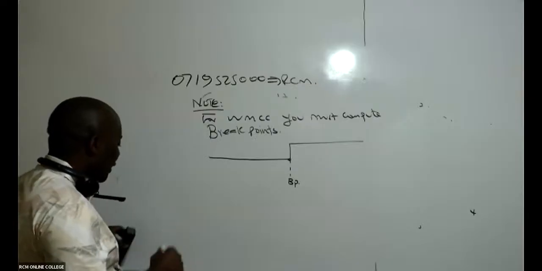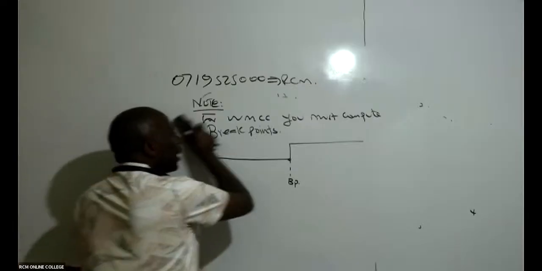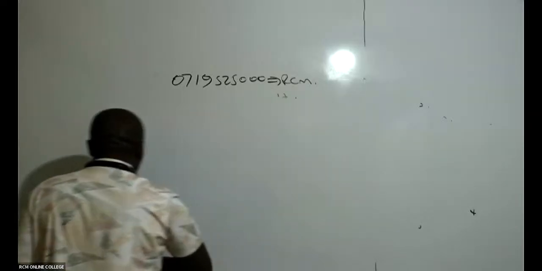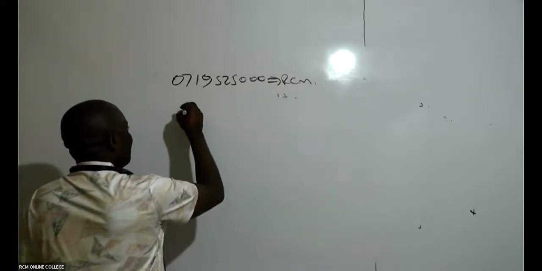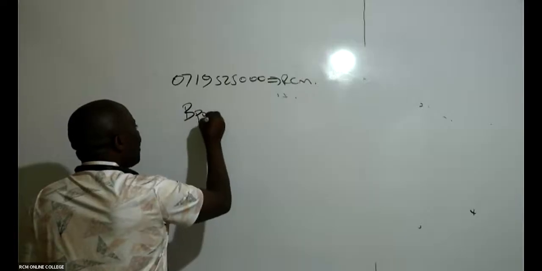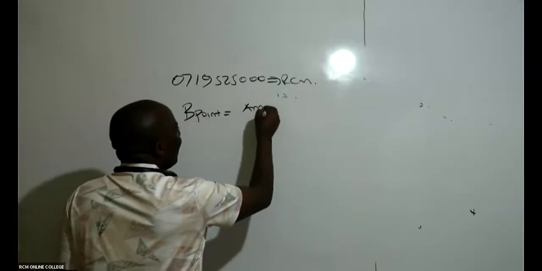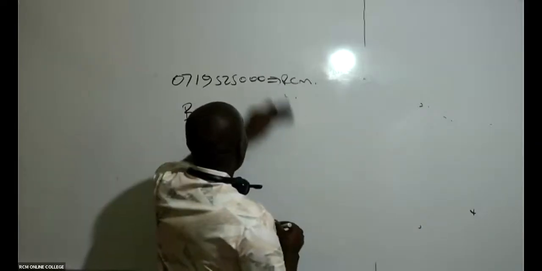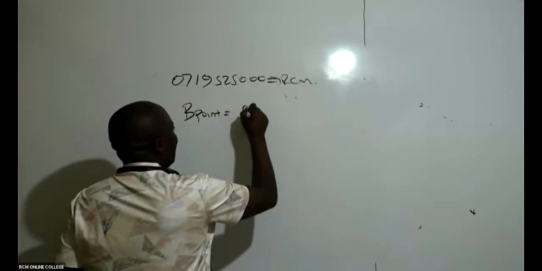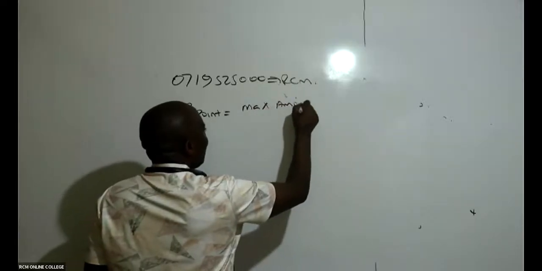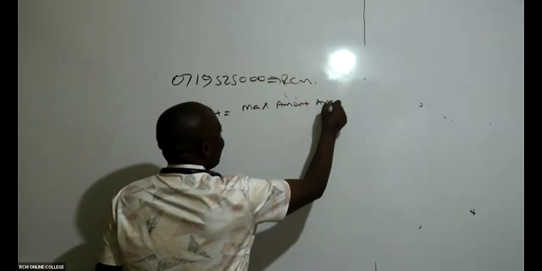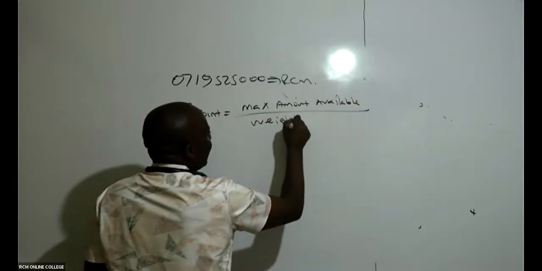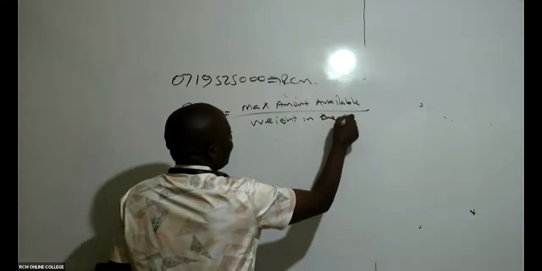And how do we get these breakpoints? This is how we normally get our breakpoints. Very easy. To get breakpoints, we normally take the maximum amount available over the weight in the capital structure.